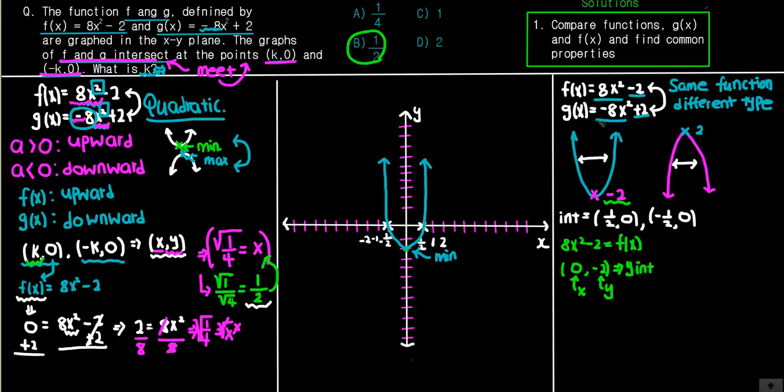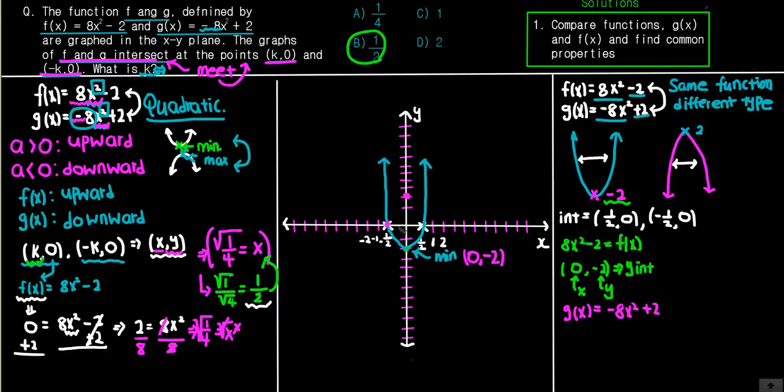And let's think about g of x equals negative 8x squared plus 2. We can figure out that it's exactly the same thing but opposite, which means the minimum point 0 comma negative 2 has the opposite 0 comma 2. It is going to be right over here, and we can graph it in a different color.